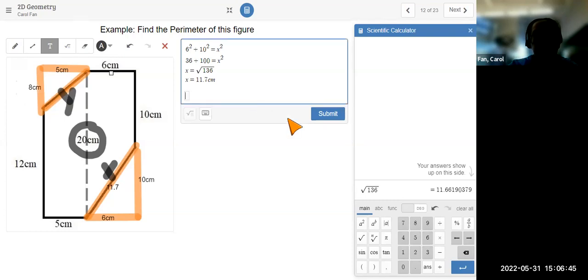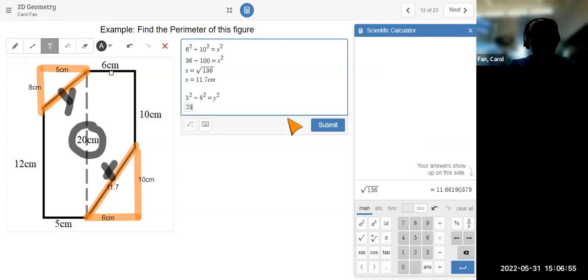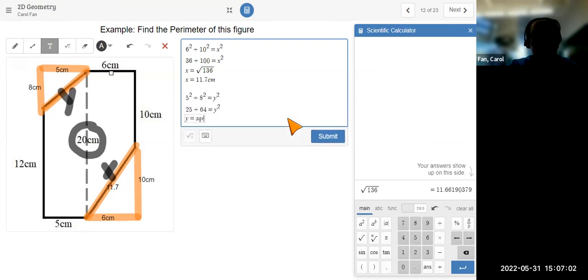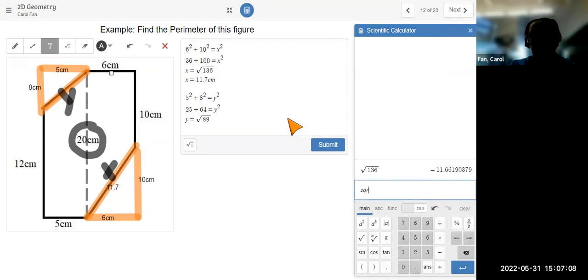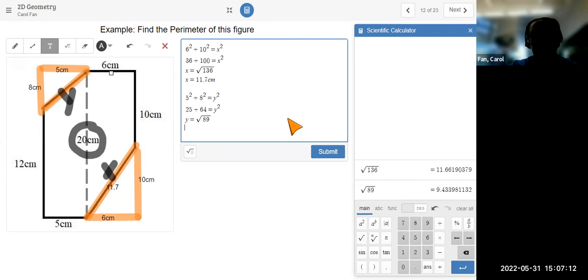So we have 5 squared plus 8 squared is equal to y squared. 25 plus 64 is equal to y squared. Y is equal to the square root of 89. So we'll solve it. We have y is equal to 9.4.